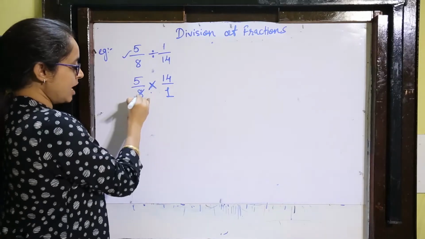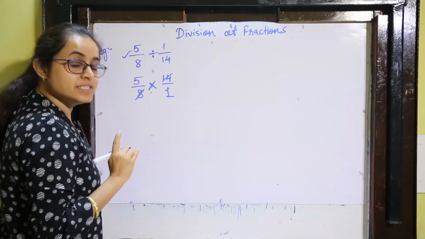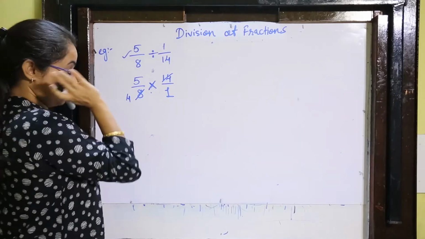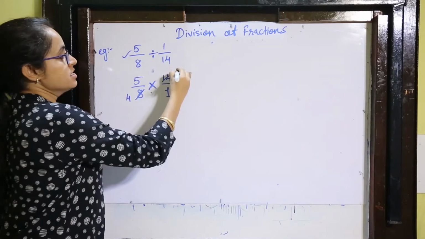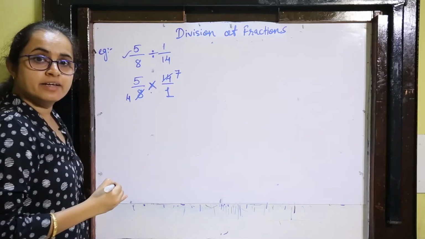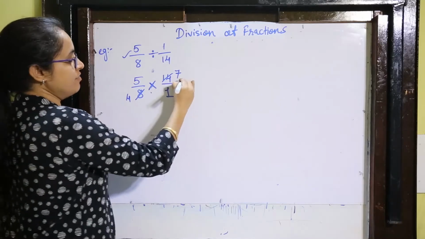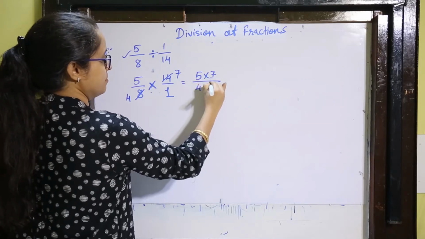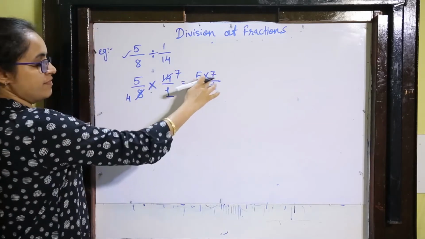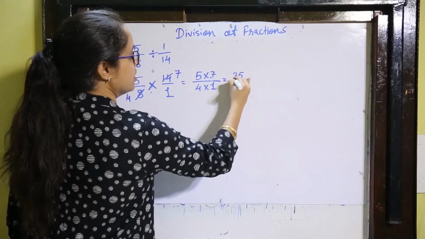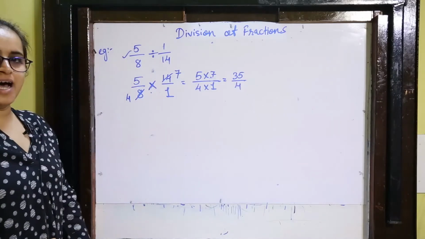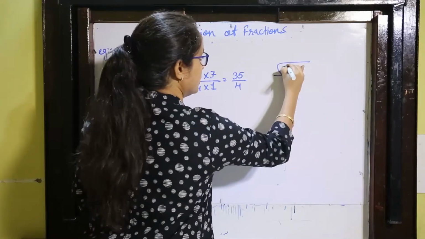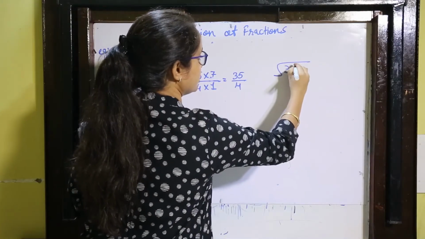Now do both of these divide by 2? 8 fours are 2 eights, 7 twos are 14. So that is cut. Now you have 5 multiplied by 7, 4 multiplied by 1. 7 fives are 35. Now 35/4 is the answer. Now 35/4 is an improper fraction, so you need to convert it into a proper fraction.